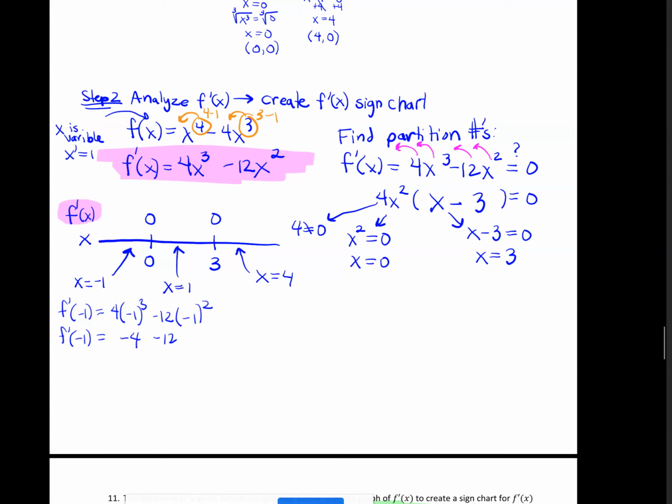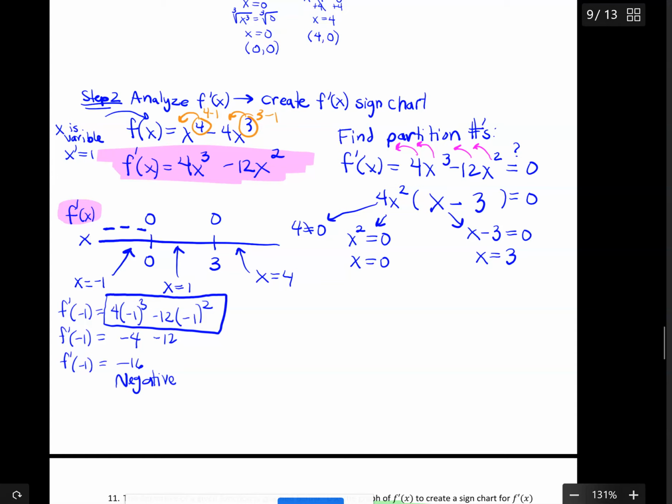And then let's plug in our last test point of a 4 here. I can tell it's going to be positive because 4 cubed and 4 squared. But let me grab my calculator real quick. Ooh, positive 64. That's super positive. But all I care about is that that's a positive value, so then I'll put pluses on here.